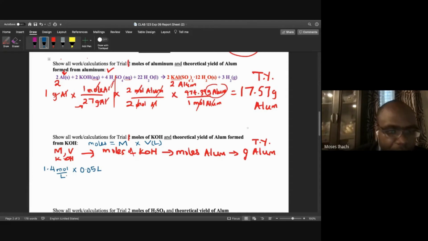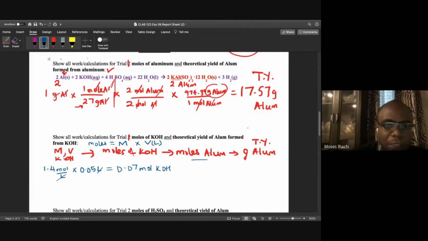So this will in turn give you moles of KOH, which will be 1.4 times 0.05. The answer is 0.07 moles of KOH.